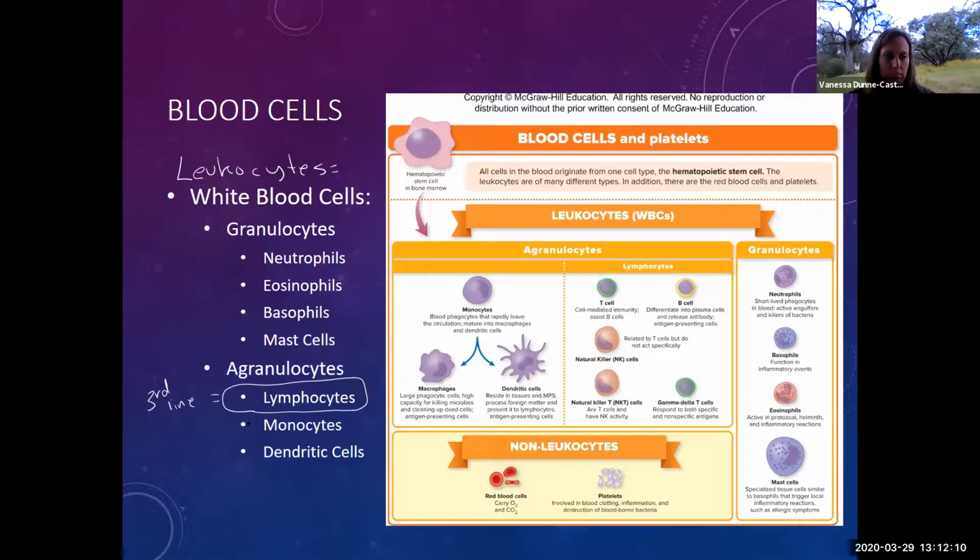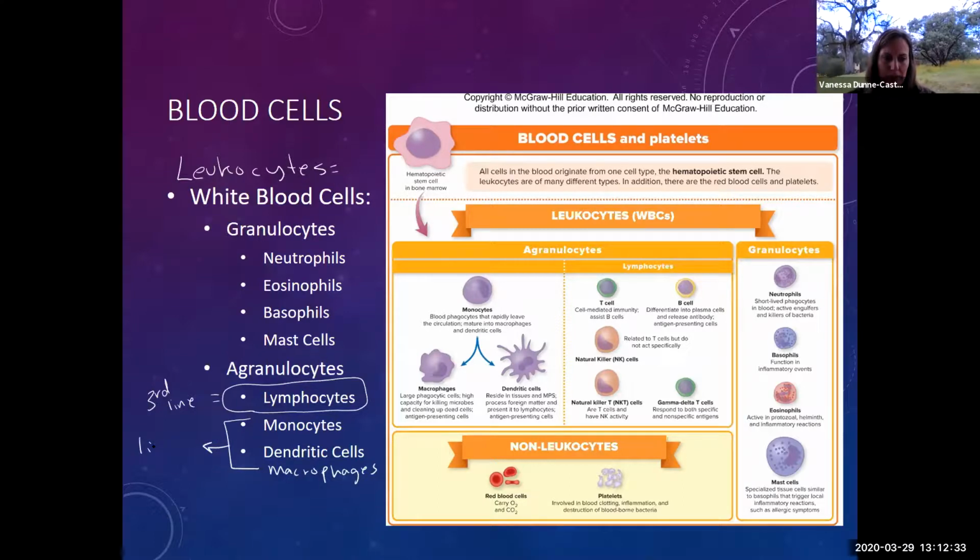And these other two agranulocytes that are listed, monocytes and dendritic cells, which you'll see over here. So here are our lymphocytes, and here are our monocytes, dendritic cells, and you can even involve macrophages. These guys are really important connectors between the second and the third line.